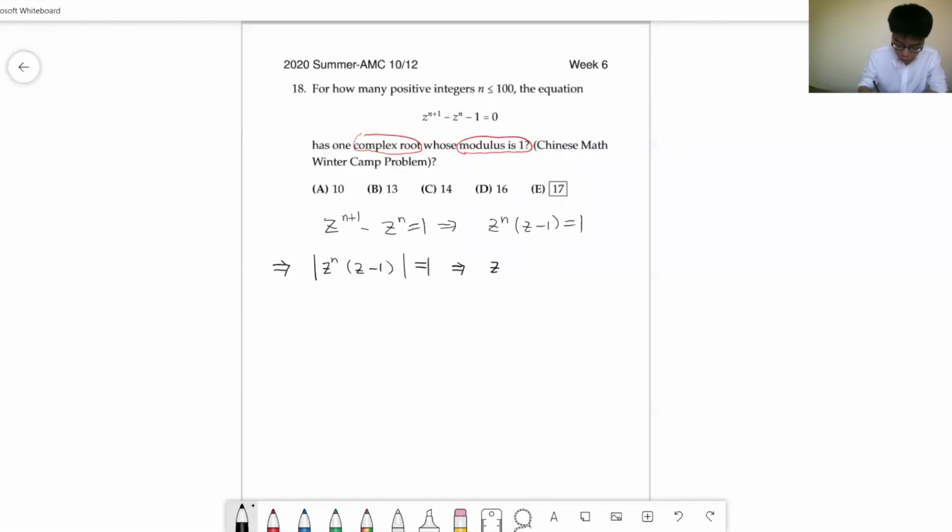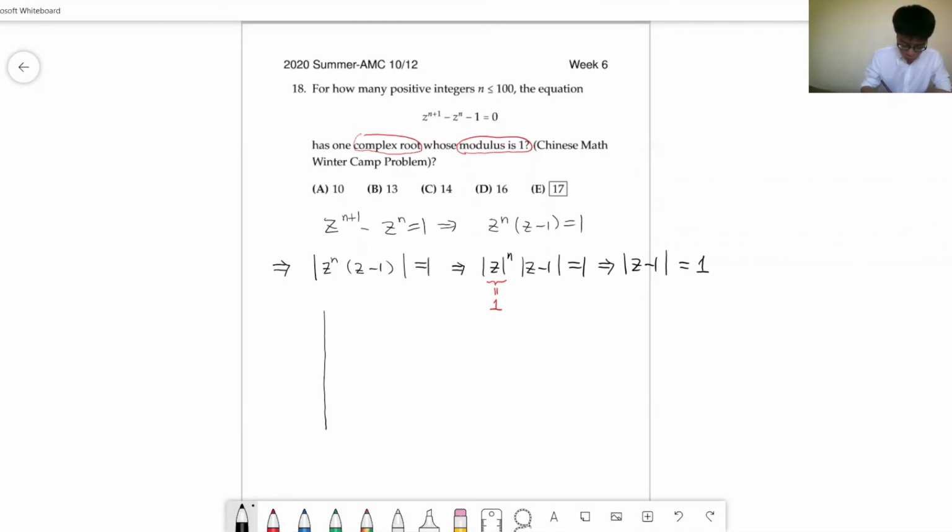So this is equivalent to modulus of z^n times (z minus 1) equals 1. We already have the first part equals 1. So this implies the modulus of z minus 1 is also 1. From this information, we can basically solve z.